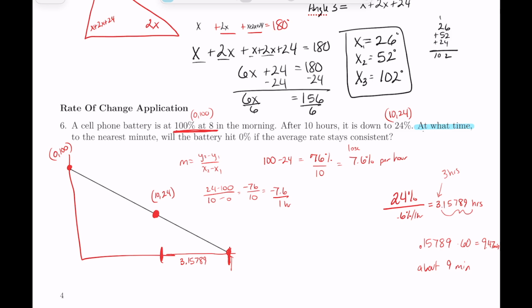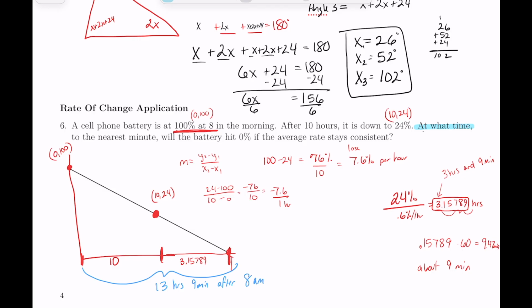So this 3.15789 hours really turns into 3 hours and 9 minutes after the 10 hours. So in total, that's 13 hours and 9 minutes after 8 a.m.